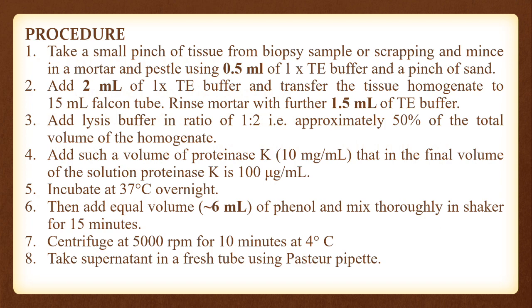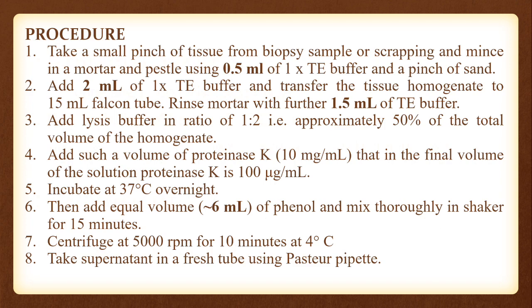So come to the procedure. First we will take a small pinch of tissue from a biopsy sample or scraping and mince it in a mortar and pestle using 0.5 ml of 1x TE buffer and a pinch of sand.